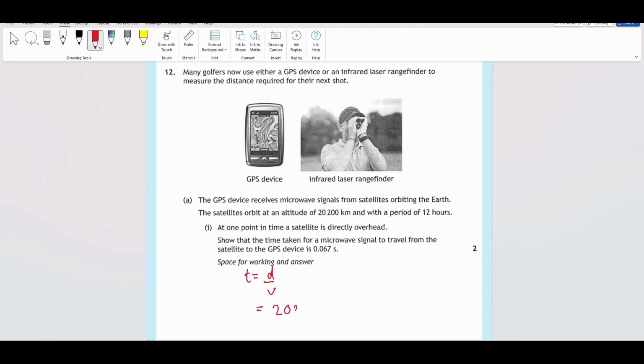So that's 20,200 times 10 to the 3. v is the speed of a microwave signal, which is 3 times 10 to the 8, since it's an electromagnetic wave. So that gives us a time of 0.06733 and on and on. So I'm going to round that to 0.067 seconds.